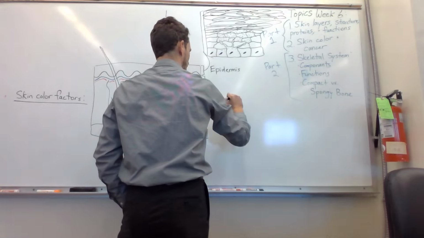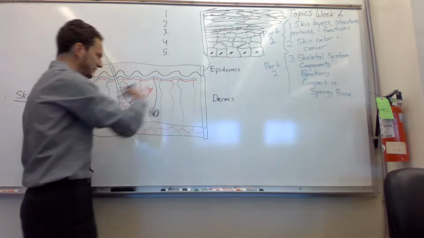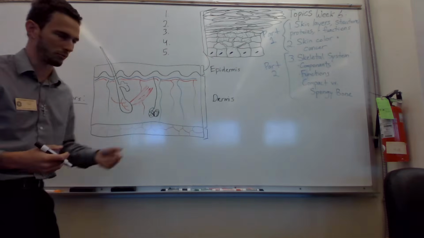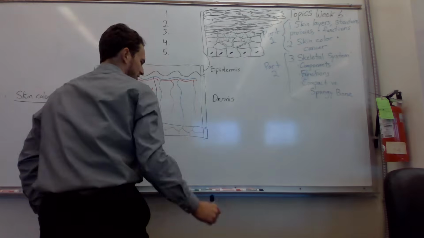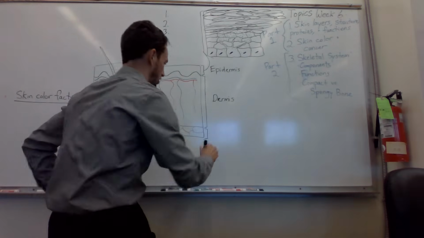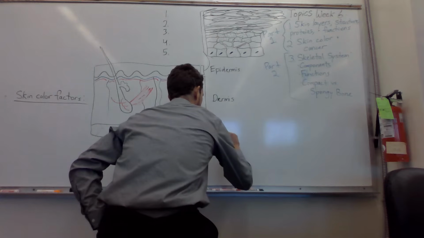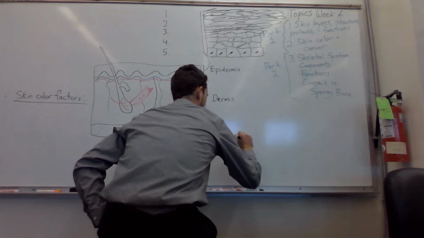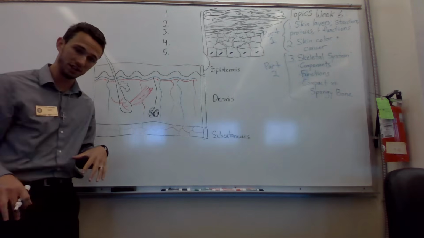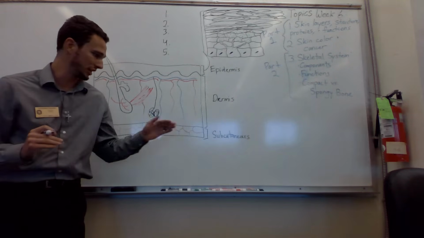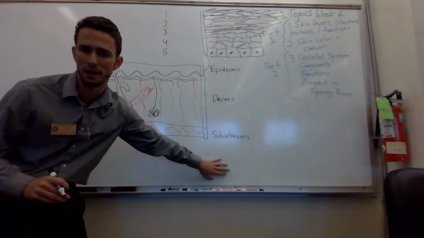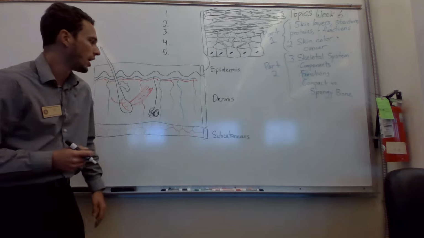And this is where all the fun happens because we've got blood vessels, we've got nerves, small smooth muscles, sweat glands, all these things are in the dermal layer. Then the last layer isn't technically a part of the integument, which is the skin, so the epidermis and the dermis. This is called the subcutaneous layer, which primarily is made of adipose tissue, so fat for insulation, and also for connection between subcutaneous tissue and all of the underlying structures, which would be like muscles or organs, perhaps.